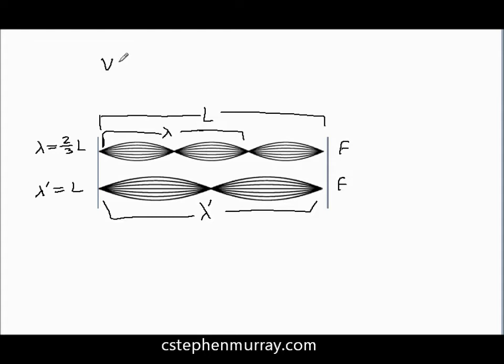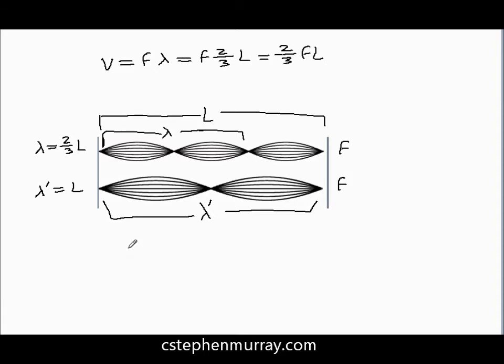Well, since v equals f times lambda, our first velocity, the speed, is f times 2/3 L, or 2/3 fL.